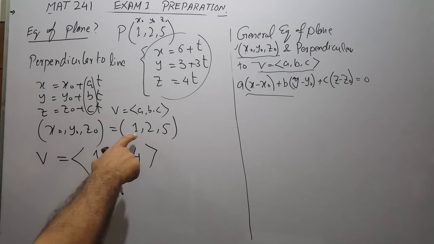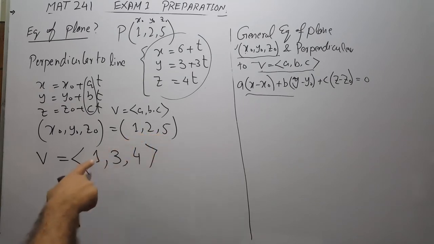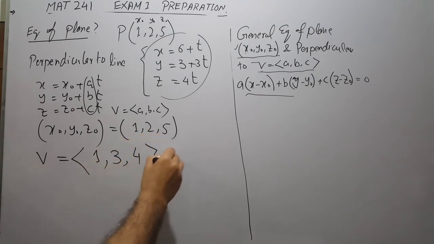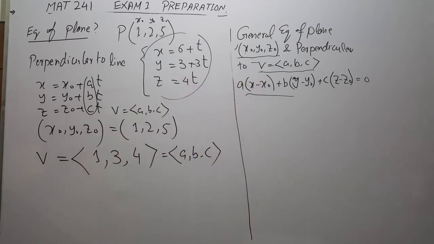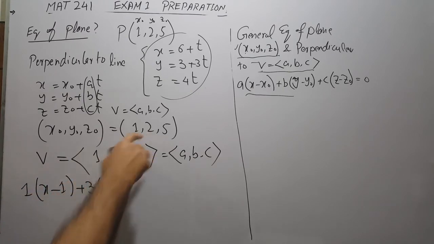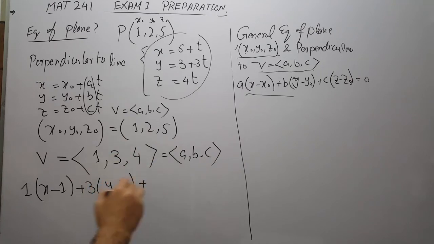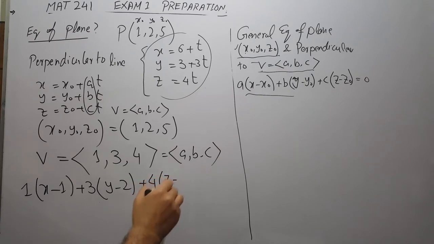So we have x naught, y naught, z naught and a, b, c in that format. We will just put the values now. Our a is 1, times (x minus 1), plus b is 3, times (y minus 2), plus c is 4, times (z minus 5), and that is equal to 0.